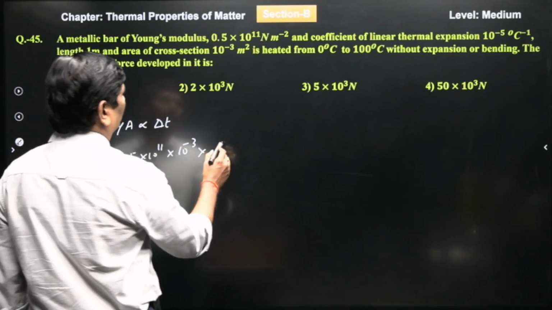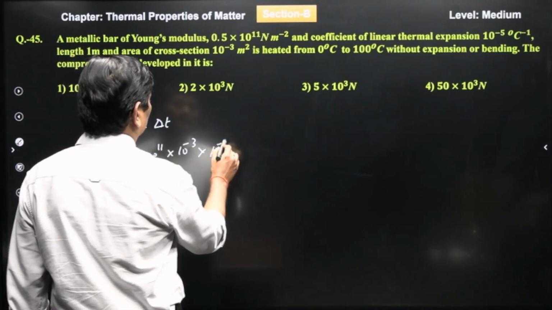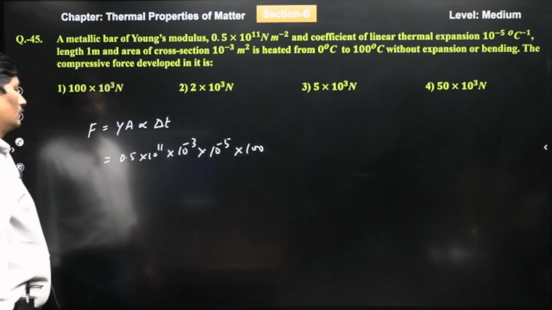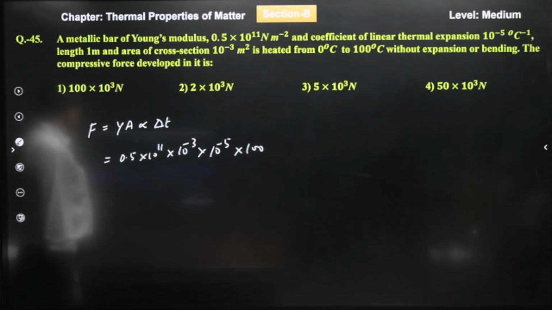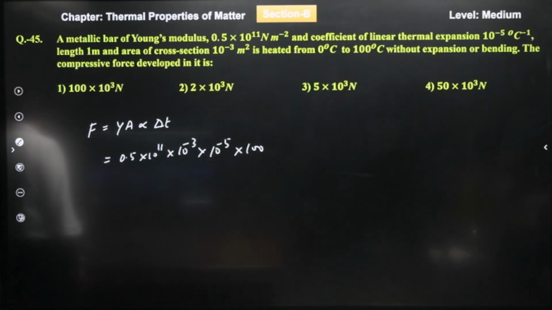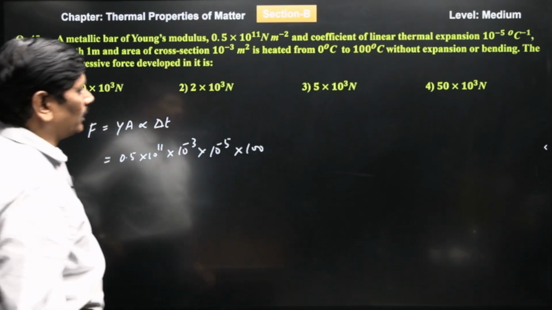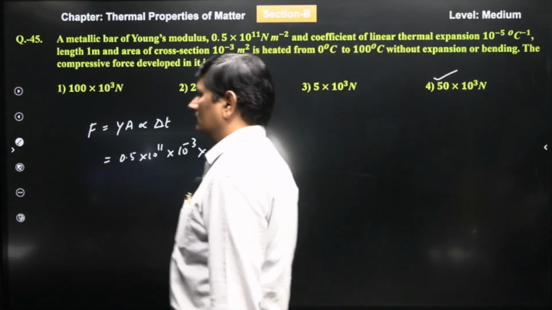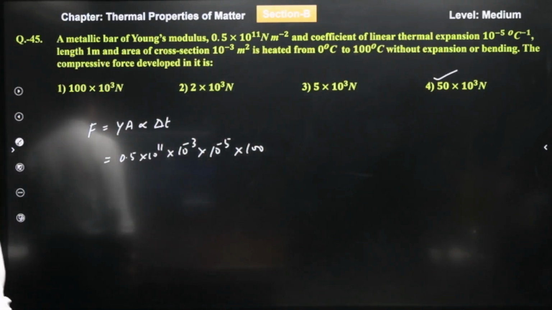Alpha is given 10 power minus 5. And temperature difference is 100. Simplify this, multiple of 5. You will get 50 into 10 power 3 newtons. Simple question.